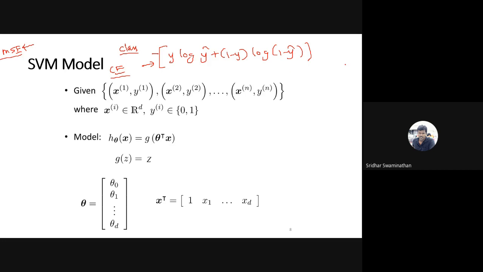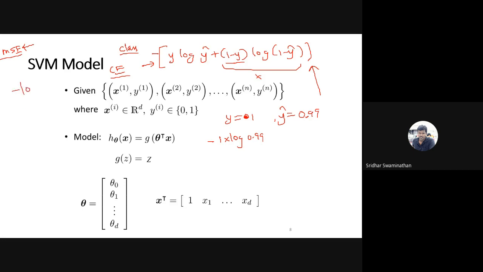For example, if your y is equal to 1, and your prediction y cap is also near 1, 0.99, and if you apply this value to this function, the second term will be 0 because 1 minus 1 becomes 0. So only the first term will be there. That will be minus of 1 into log 0.99.